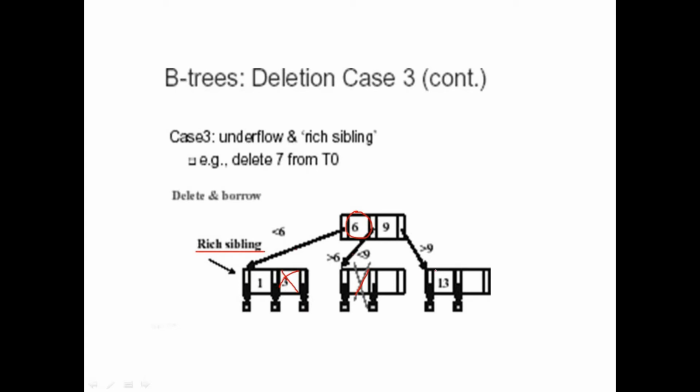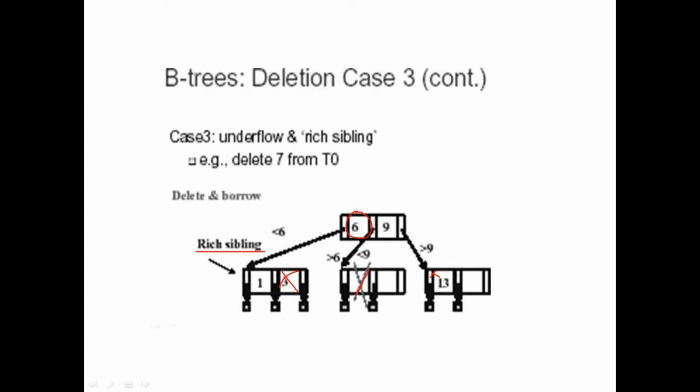We will talk about this case later on. But now in this case, this is the rich sibling. Why? Because after deletion of this particular key 3, the node doesn't go into underflow condition.